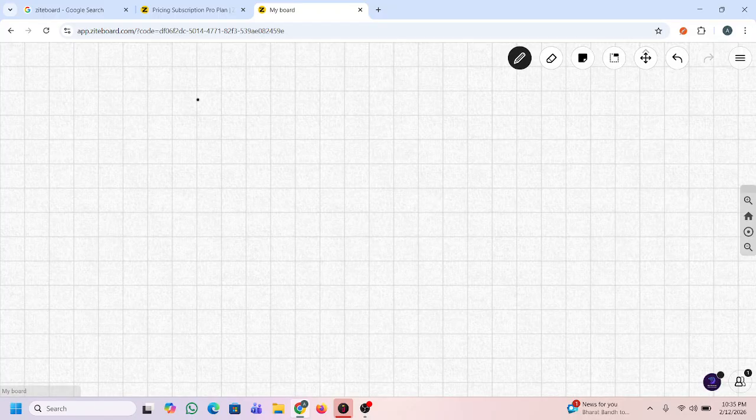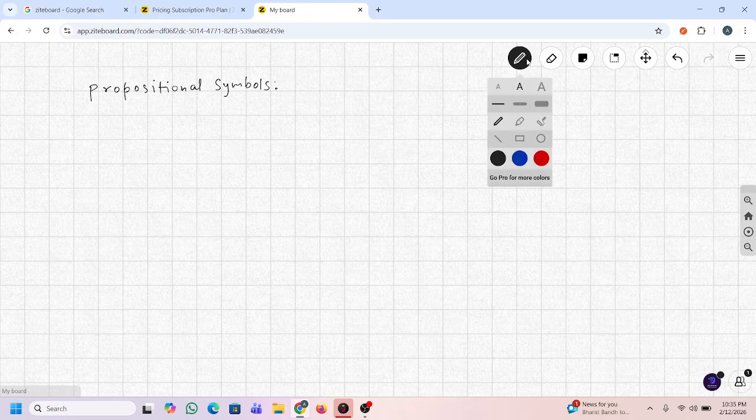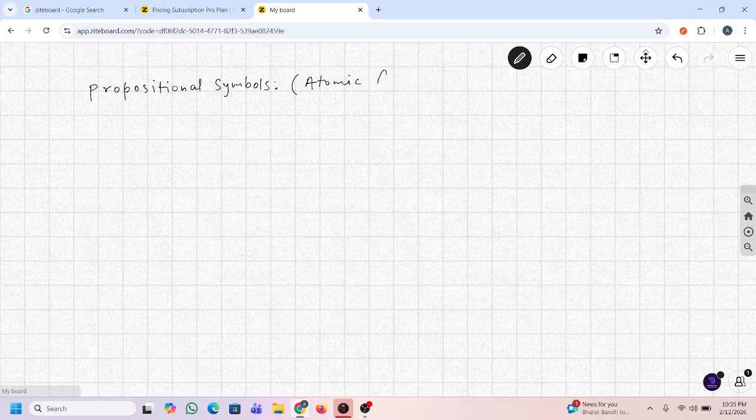What are propositional symbols? Propositional symbols are also called atomic formulas.